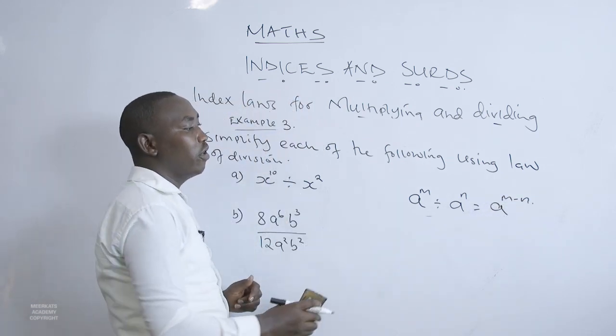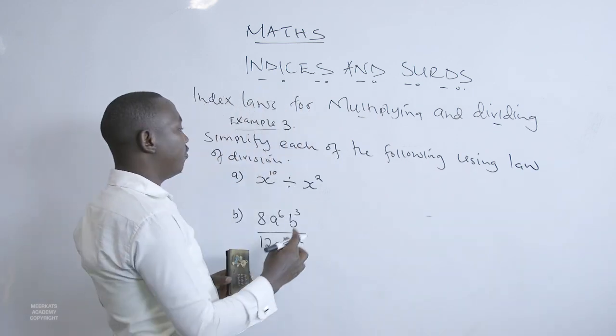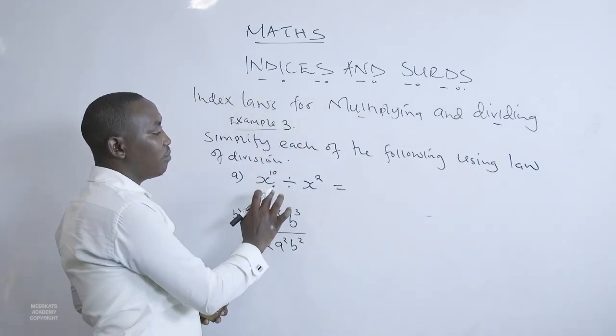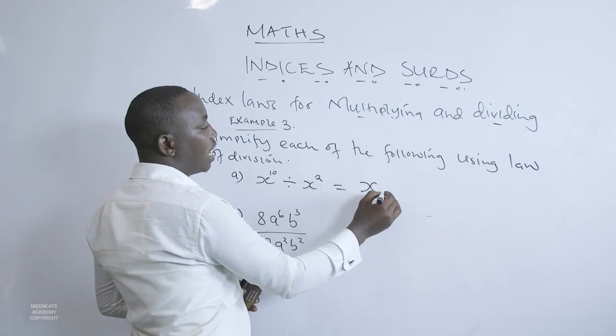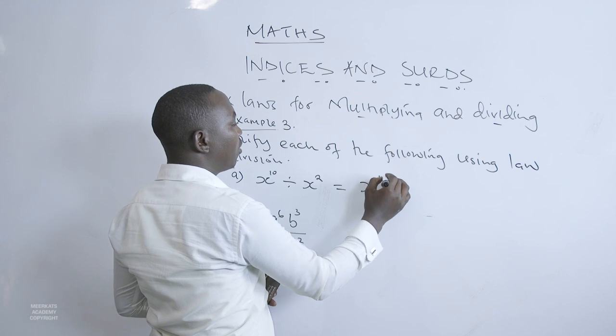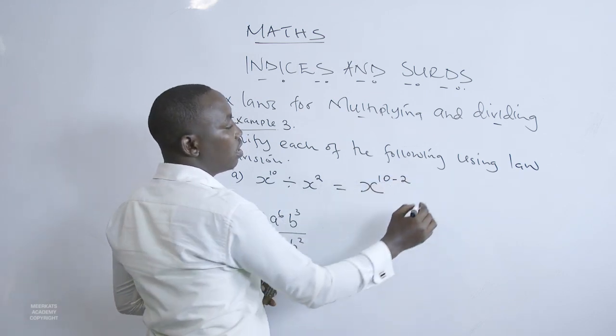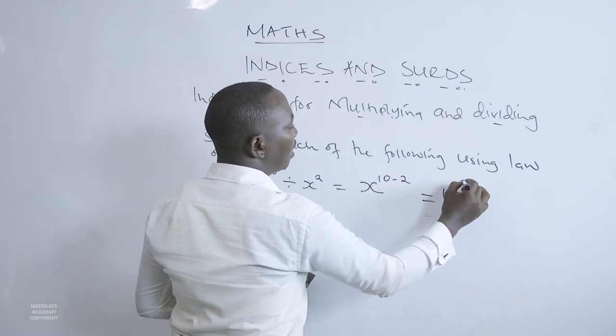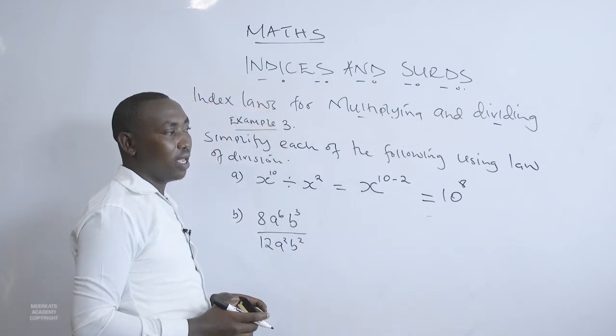That is the law for division. So for the first one, the bases are the same. So that is x, and because it is division, we get the difference of the powers. That means we are going to have 10 minus 2, which will give us x raised to the power of 8.